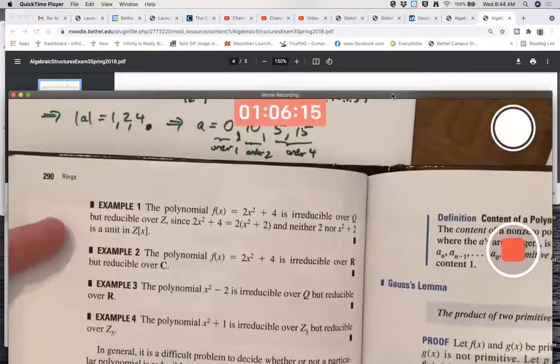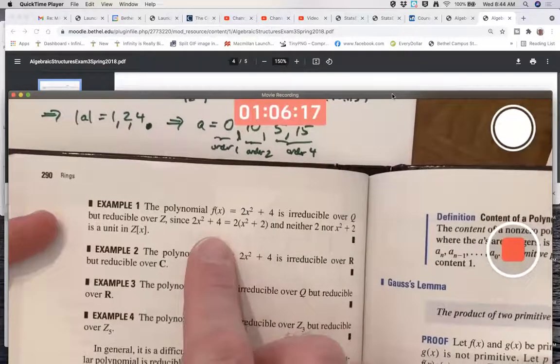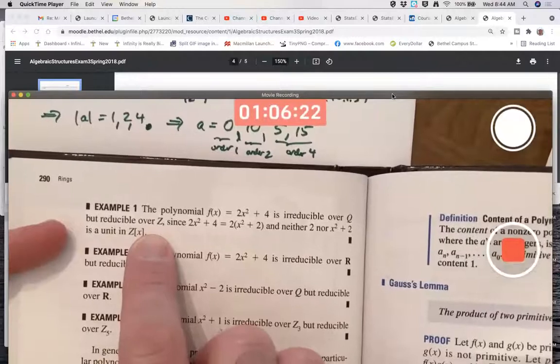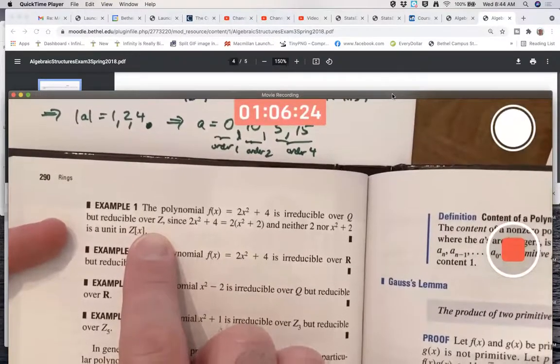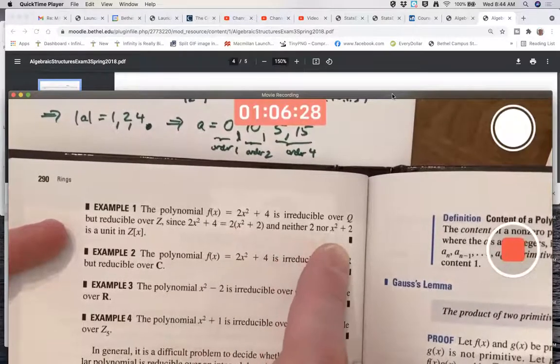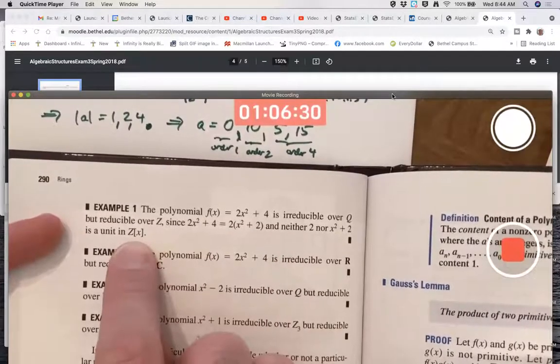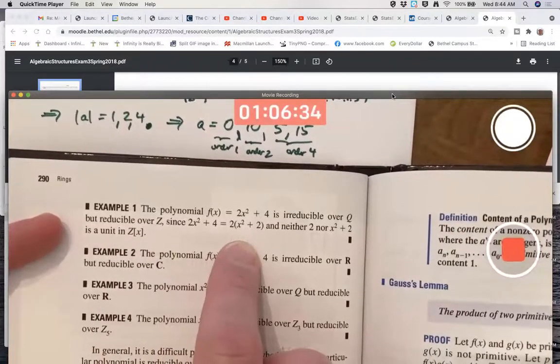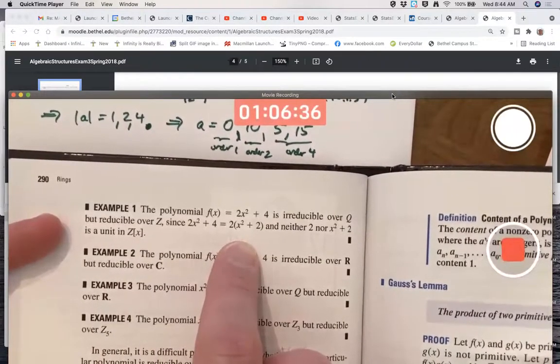And here's an example that illustrates it. This polynomial is reducible over Z, even though it doesn't have any zeros in Z. You can factor it like this, and neither 2 nor that is a unit in Z[x]. The roots of this are going to be plus or minus square root of 2i, not real numbers.